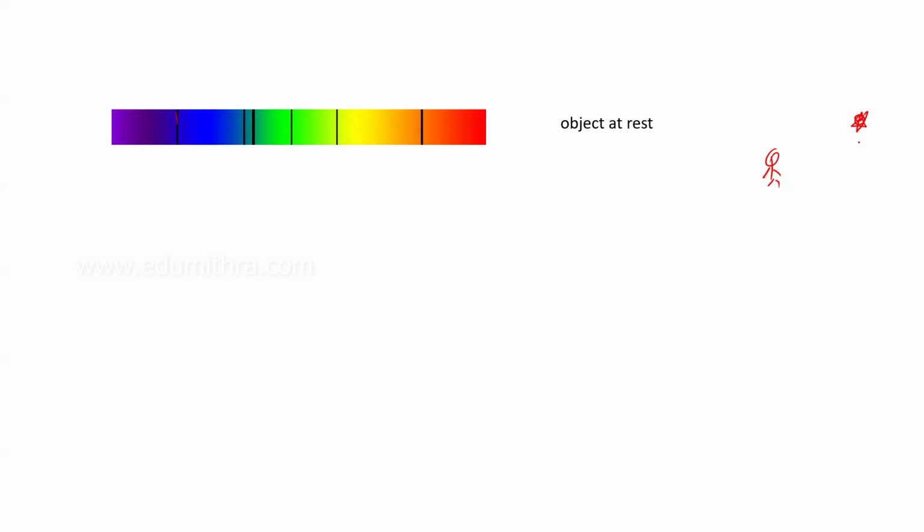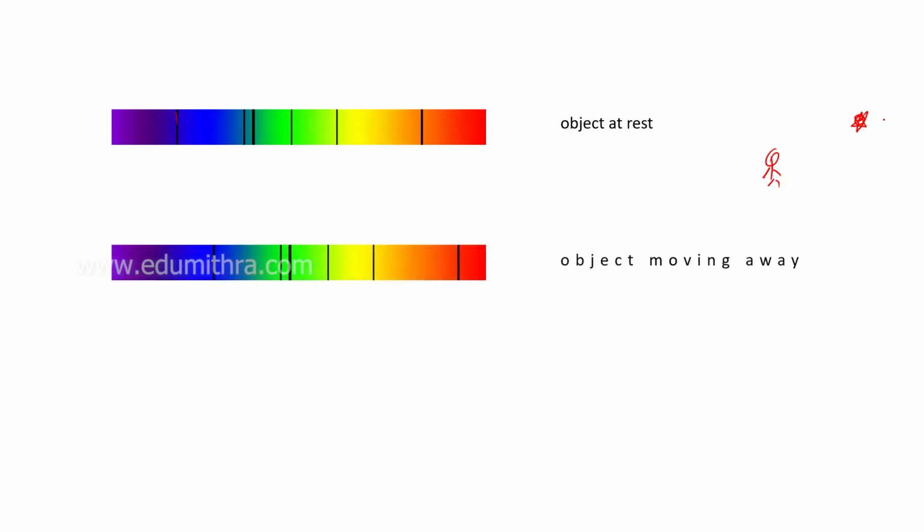Now suppose for some reason, just imagine, for no reason, this star starts moving away from us. So the person is standing here and the star is starting to move in this direction. Then again you take the spectrum, and you can see the same pattern is here.